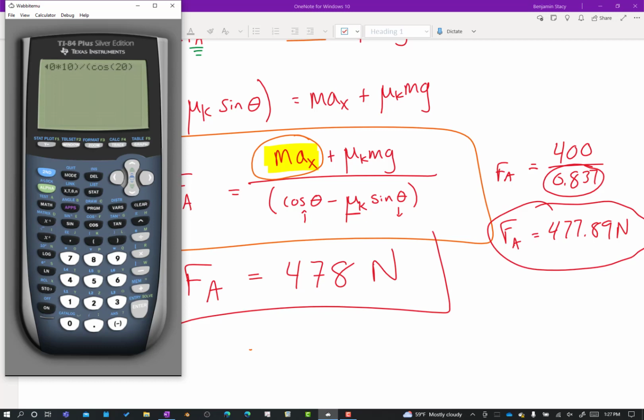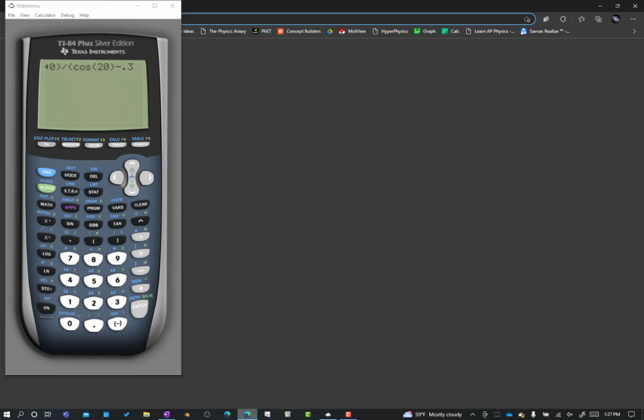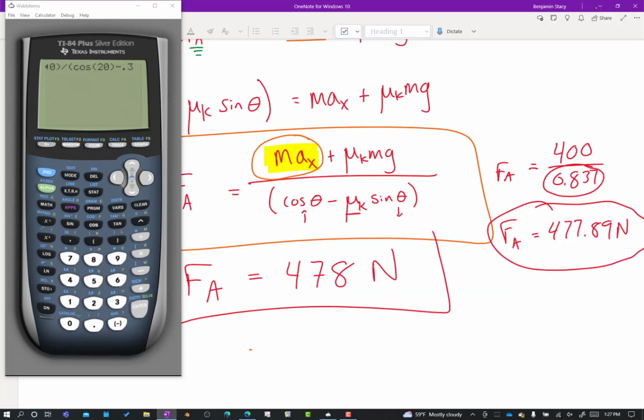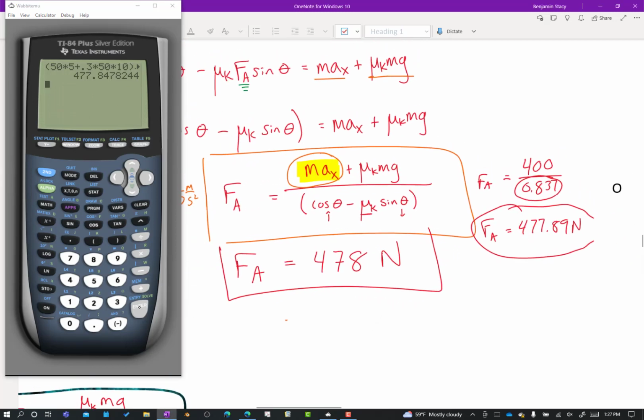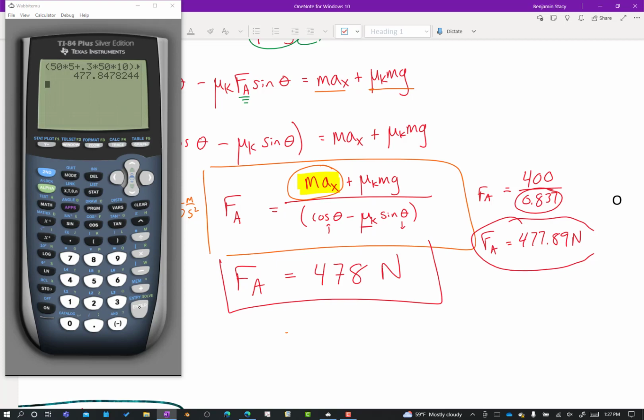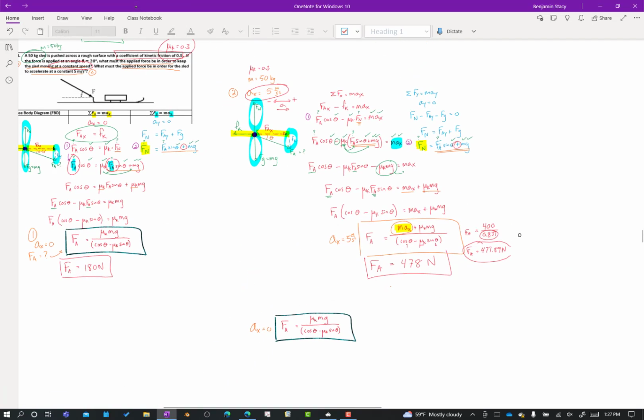But I still have my open parenthesis at the beginning of the denominator, minus 0.3 sine 20, close, and then I make sure I close it again to close off the denominator. And there I got 477.840. So 478, all the different ways I did it. Okay. All right.